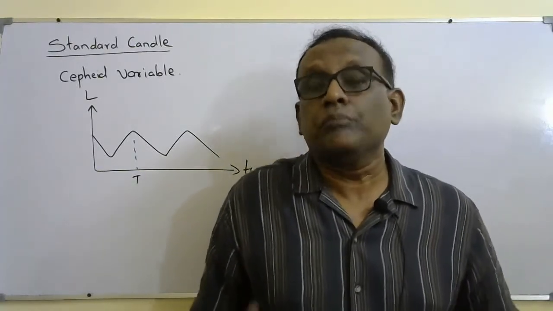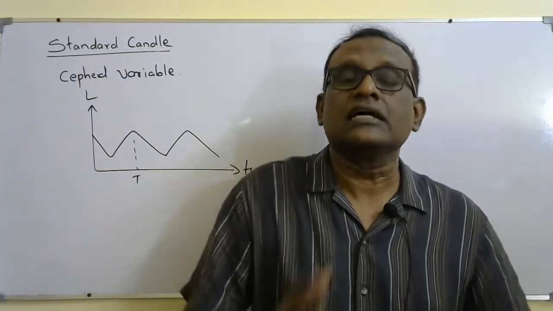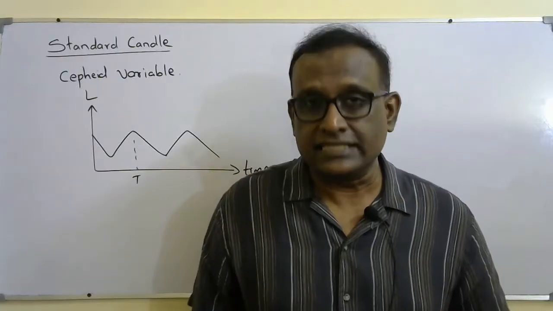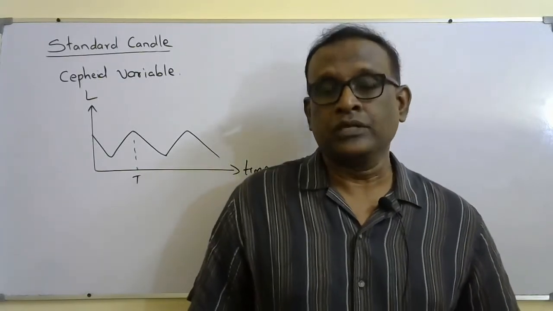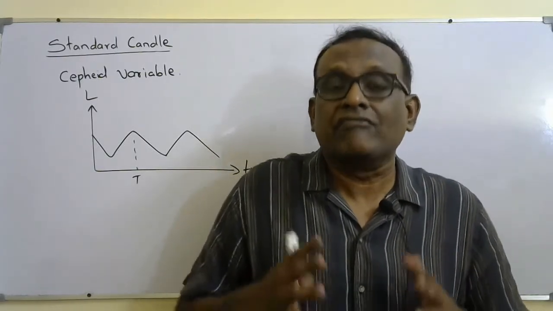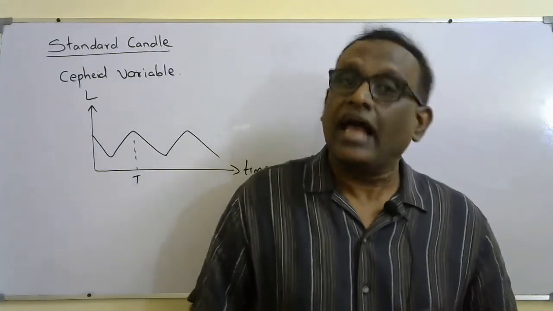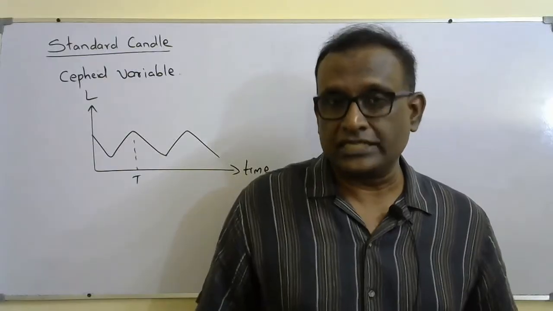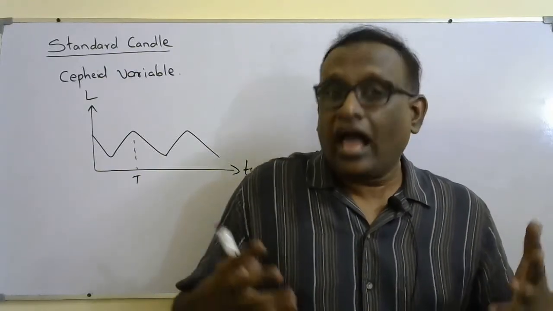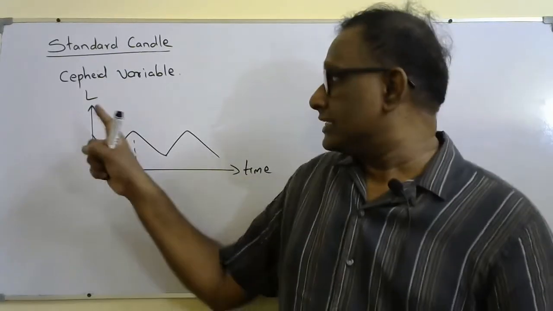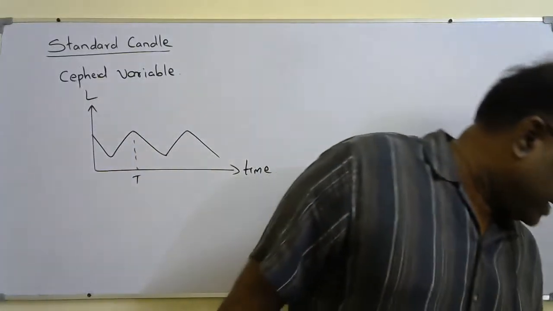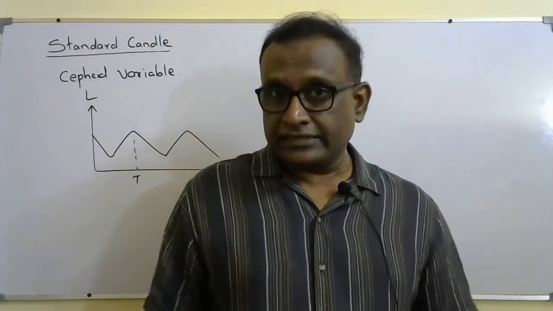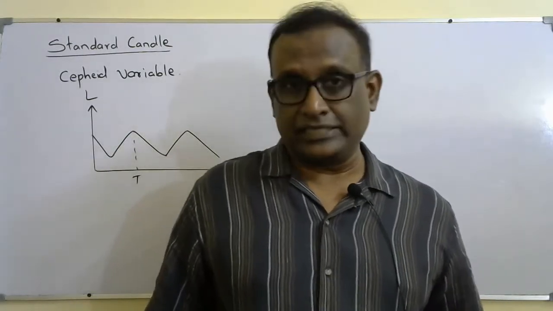Okay, so there are many Cepheid variables closer to us, and we can measure their distances very accurately. So we can measure their average luminosity accurately. There are a lot of Cepheid variables closer to us. We are able to measure their average luminosity because luminosity is varying with time. So their average luminosity and their time period of expansion and contraction we can measure accurately.